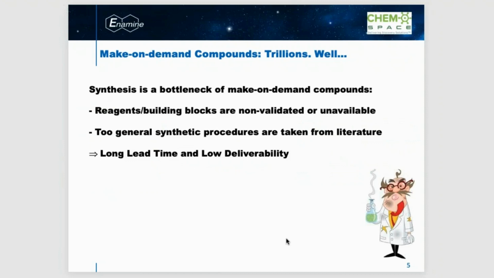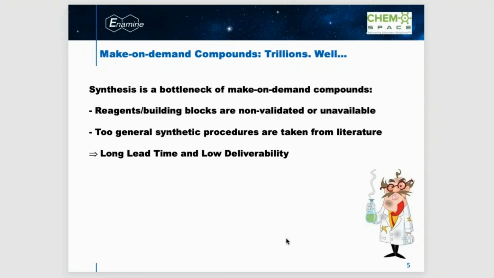When people work with make-on-demand compounds, they should know, and they probably experience that, not all make-on-demand compounds are useful or can be synthesized and eventually delivered to the lab. The reason is that the synthesis is very often a bottleneck of make-on-demand compounds. This is because some reagents or building blocks are not really available, and maybe even incompatible with each other.